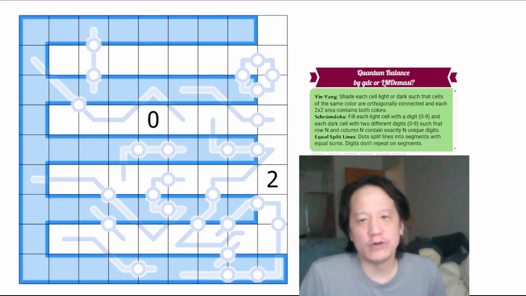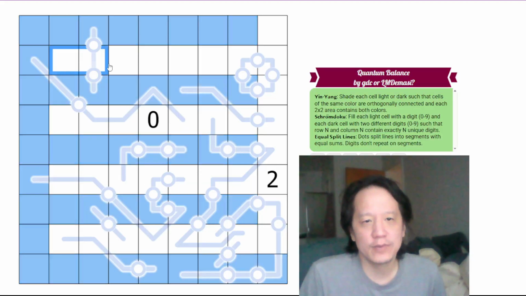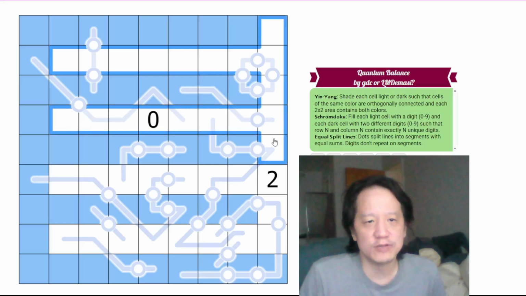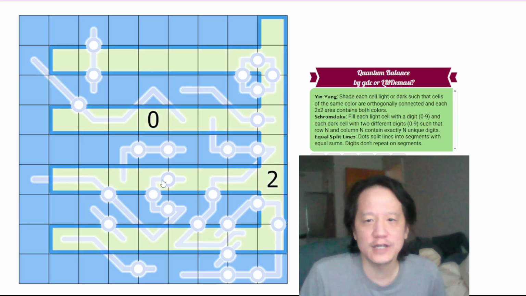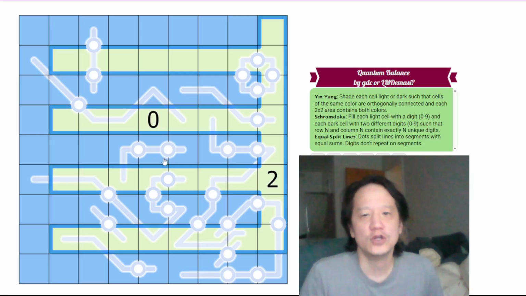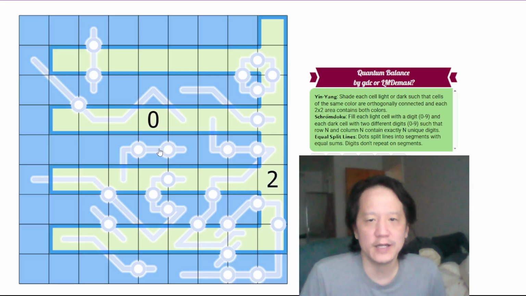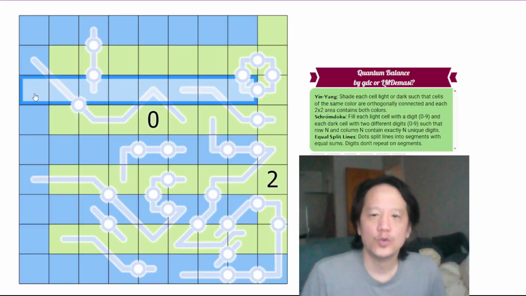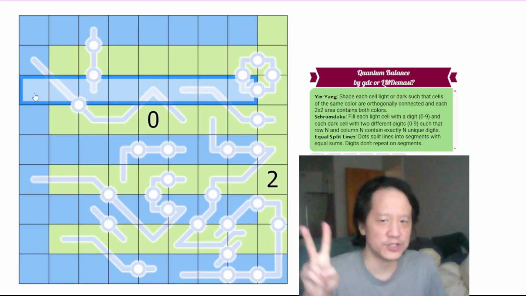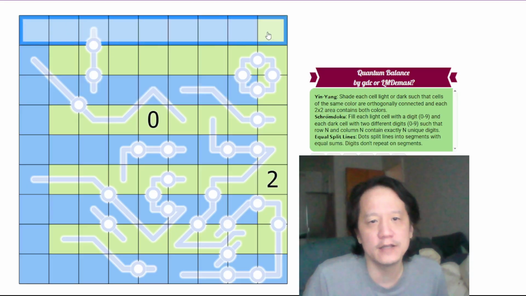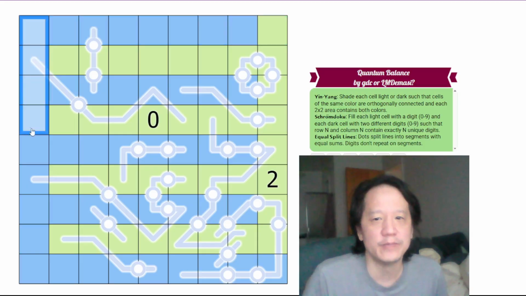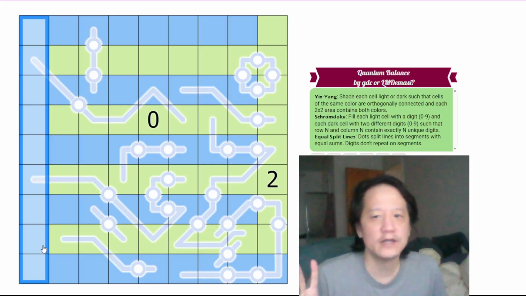For each light cell, so let's fill out this as a light region too, fill each light cell with a digit 0 through 9, and each dark cell with 2 different digits 0 through 9, such that row n and column n contain exactly n unique digits.